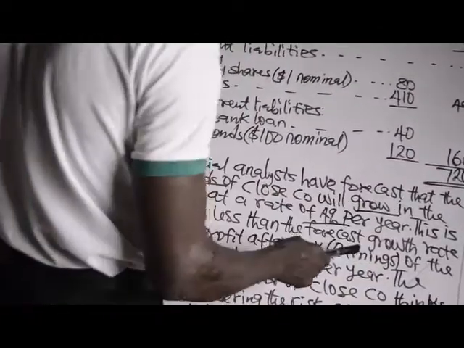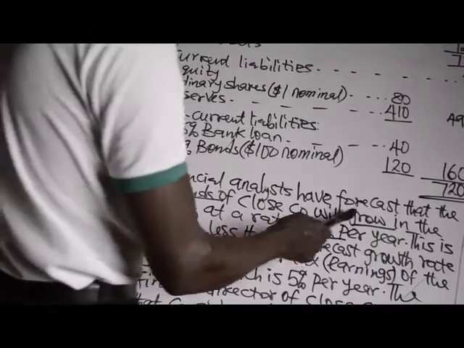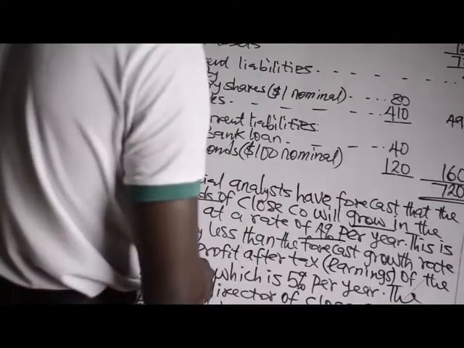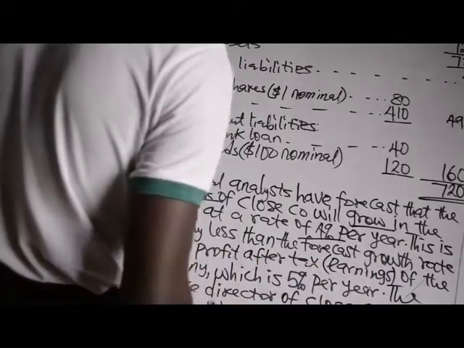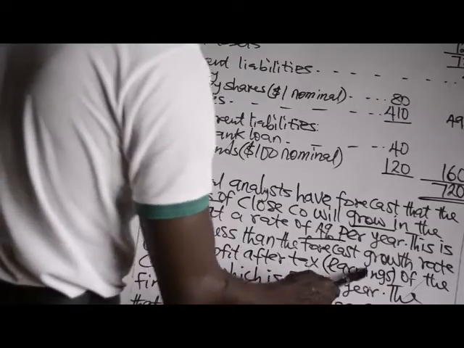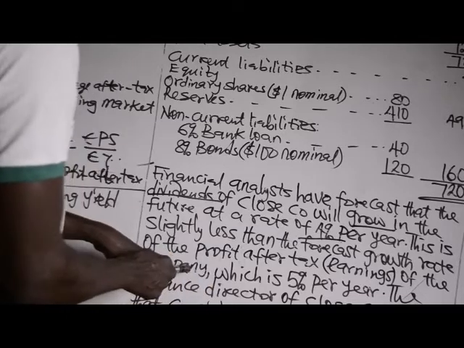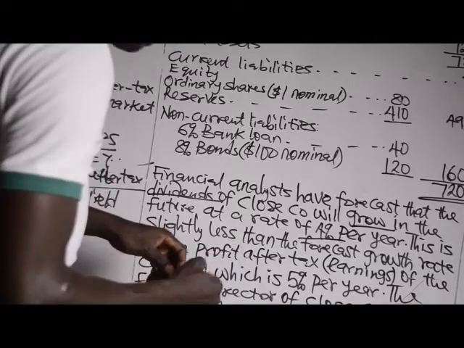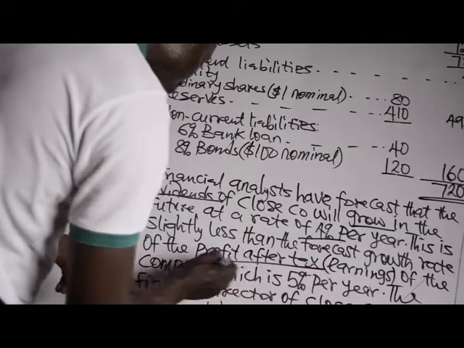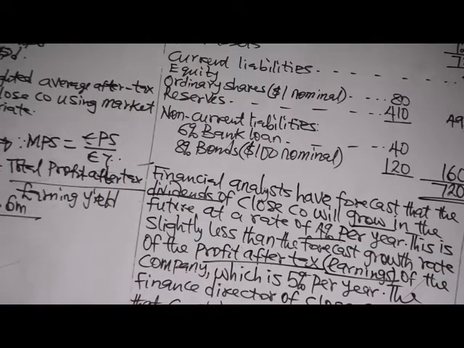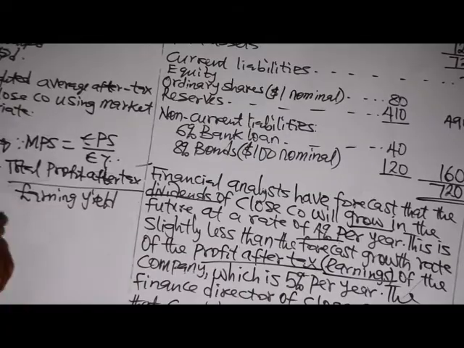Now let's read the note. Financial analysts have forecast that the dividends of Closco will grow in the future at a rate of 4% per year. This is slightly less than the forecast growth rate of the profit after tax earnings of the company. So in this question, there is a growth in our PAT. Since there is a growth in the profit after tax, this formula will require further modification.